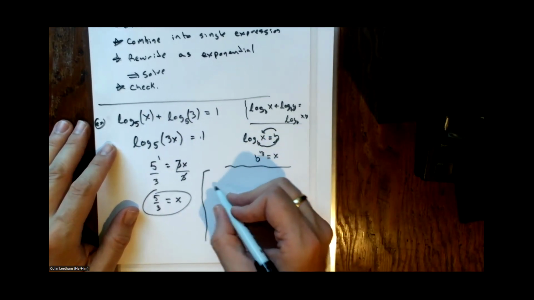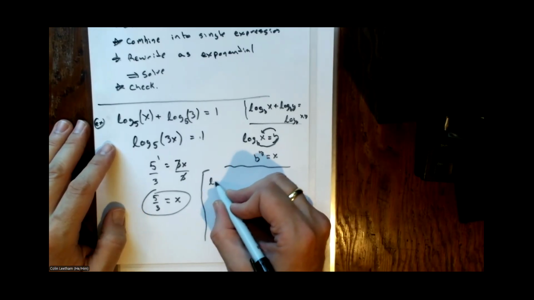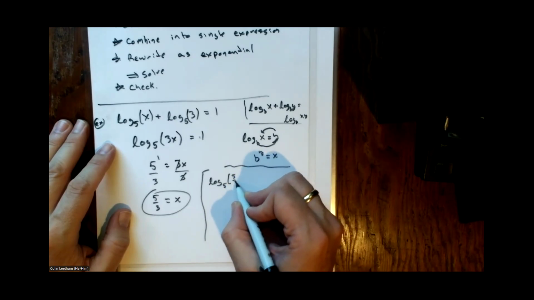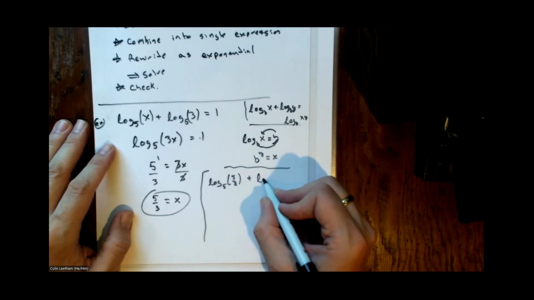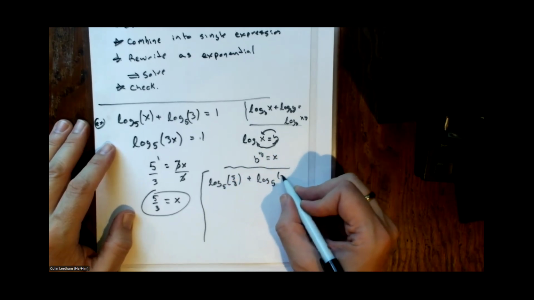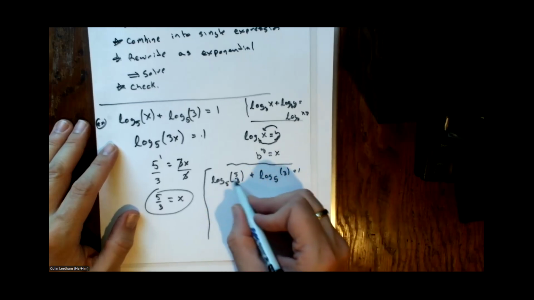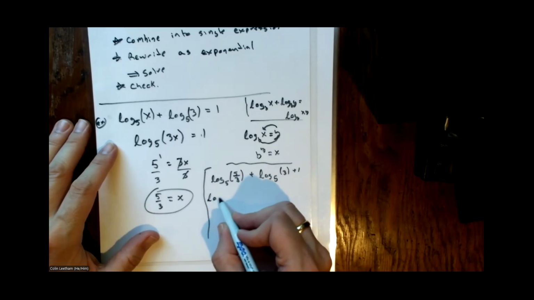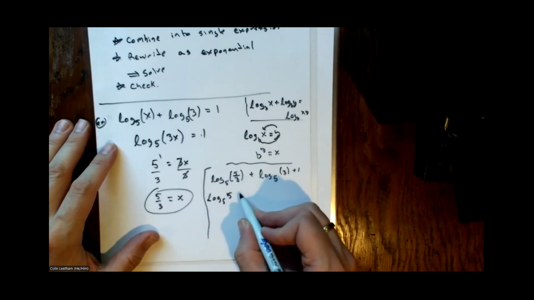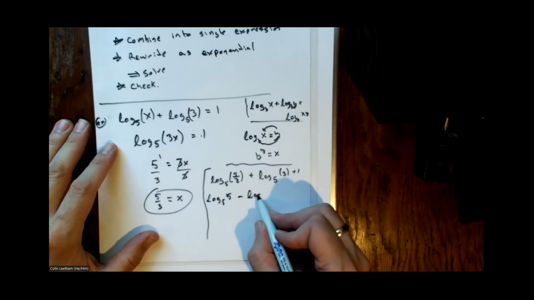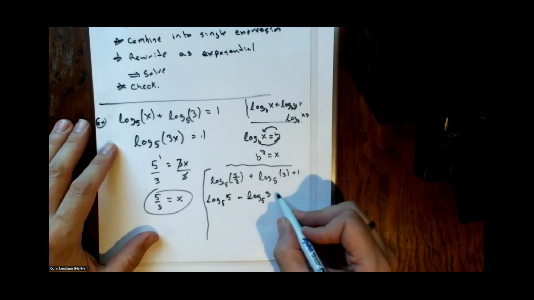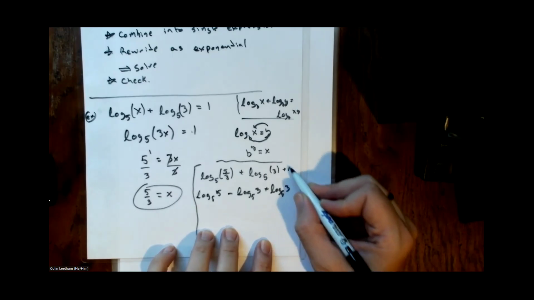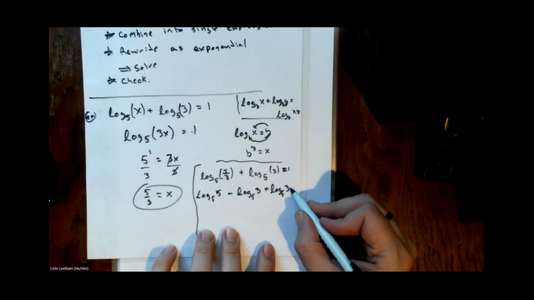So that's going to be log base 5 of 5/3 plus log base 5 of 3 equals 1. This is just subtracting, so this is going to be log base 5 of 5 minus log base 5 of 3 plus log base 5 of 3 equals 1.